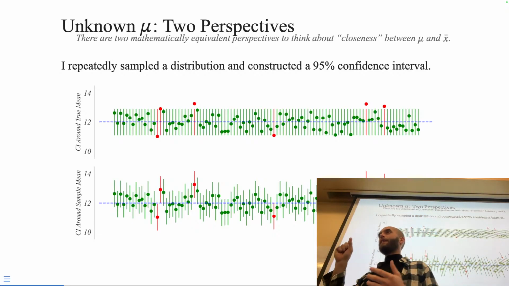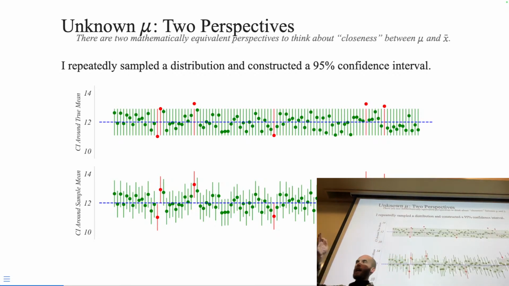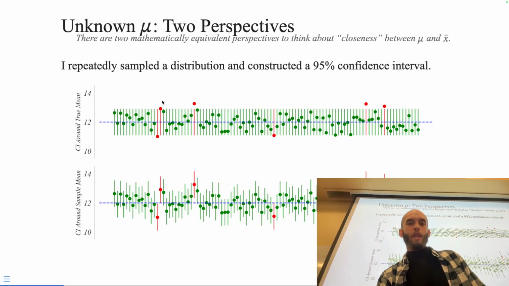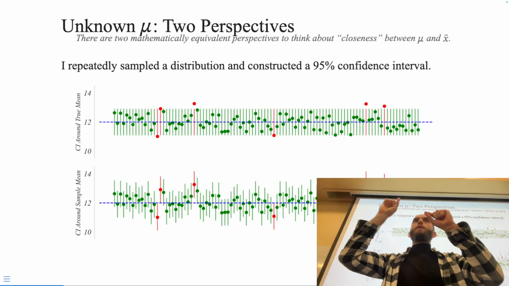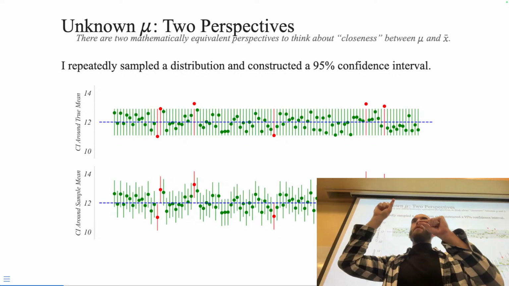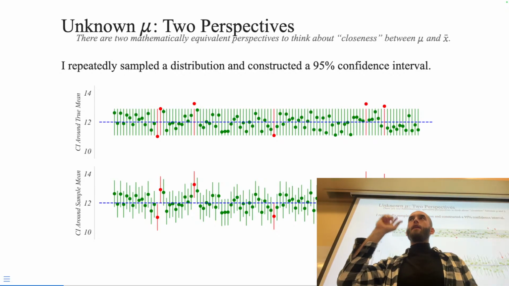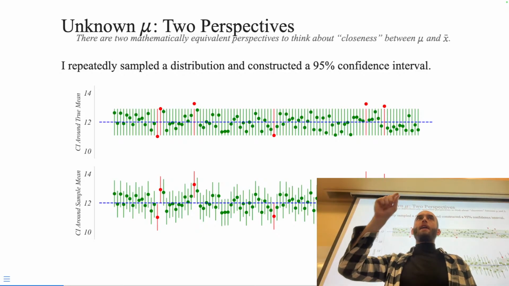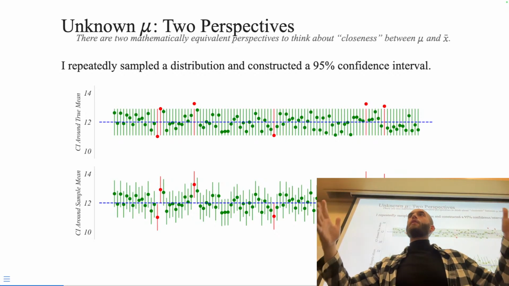And what you can see is each time the sample mean falls outside of the confidence interval around the population mean, so each time one of these shows up as red, this also shows up as red, telling us that the population mean falls outside the confidence interval when we center it around the sample mean. So if we shift perspectives, and center the confidence interval around the sample mean instead of the population mean, the answer to our question will be the same.